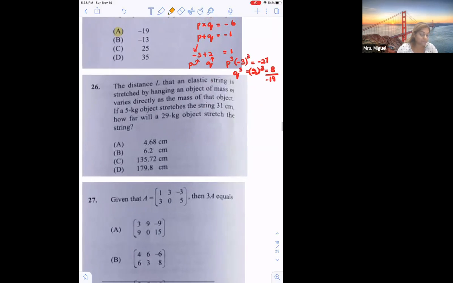Number 27, the distance L that an elastic string is stretched by hanging an object of mass M varies directly. This is our keyword.